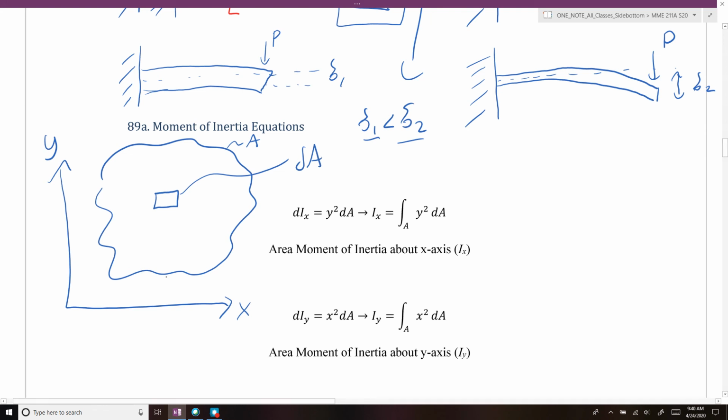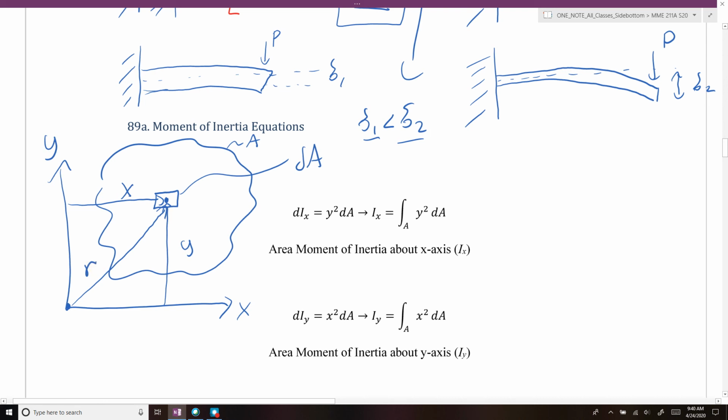We know that the center of that area we can define using its coordinates x and y, and we can also define it relative to the origin using a radius term.